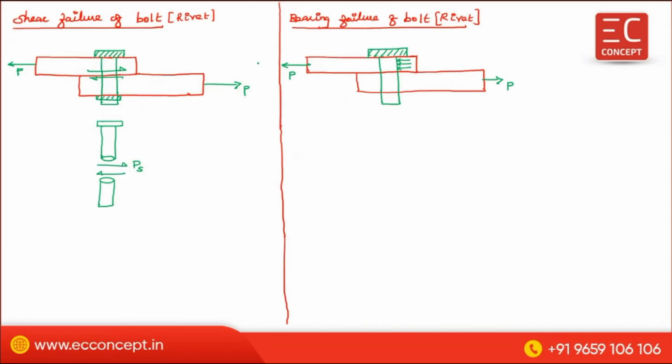While pulling in this direction, this side of the bolt gets bearing. Because of this bearing, the failure will happen something like that.